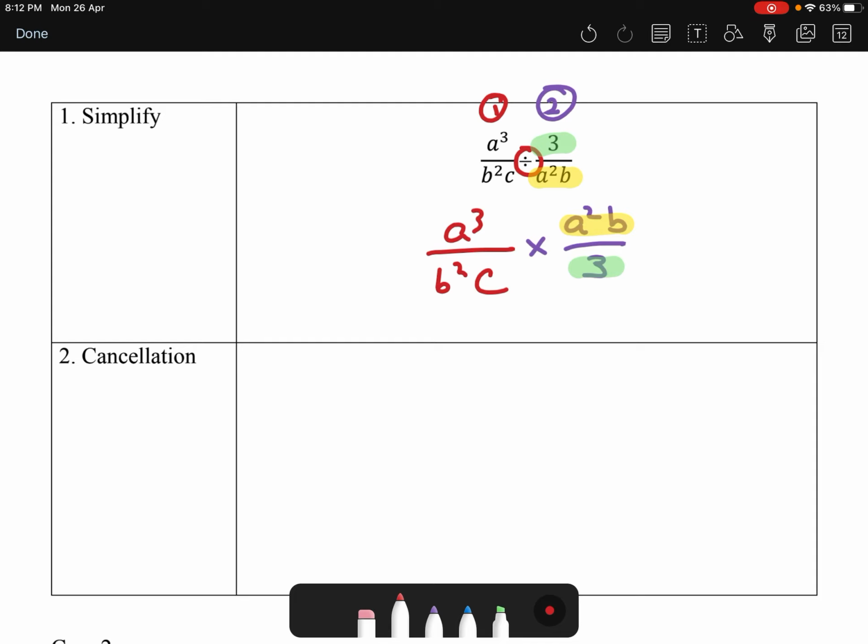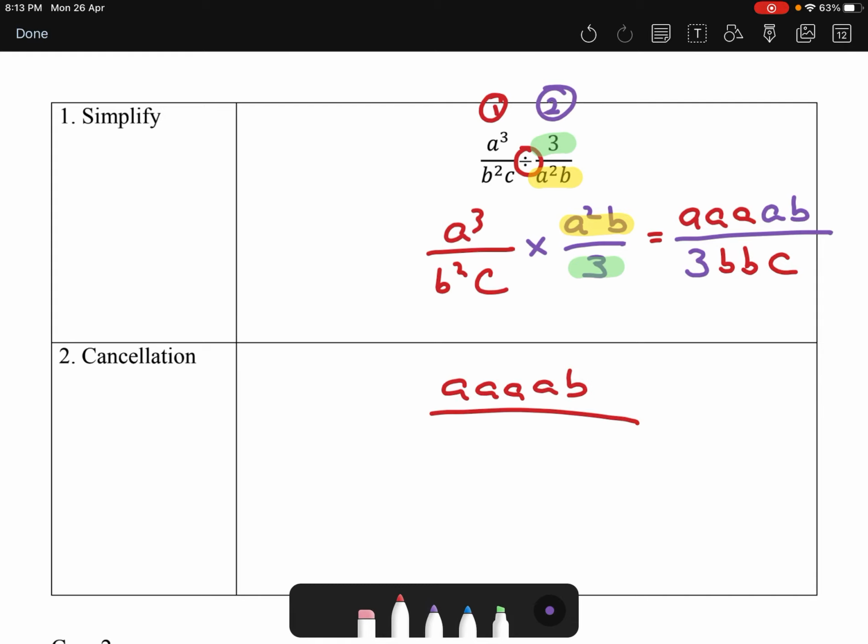After that we can simplify. Top times top: at the top, a, and of course one more a, and one b. Bottom is 3 times b squared c, so it is 3b²c. Now we cancel accordingly: a³b over 3b²c.